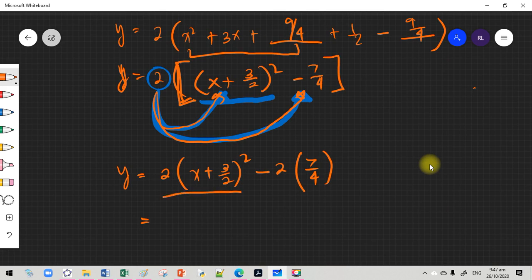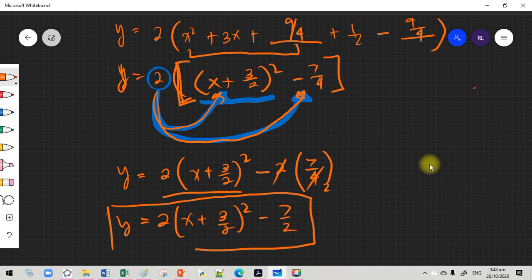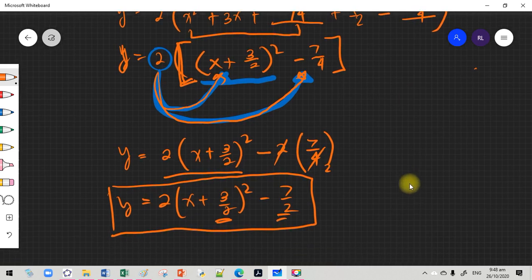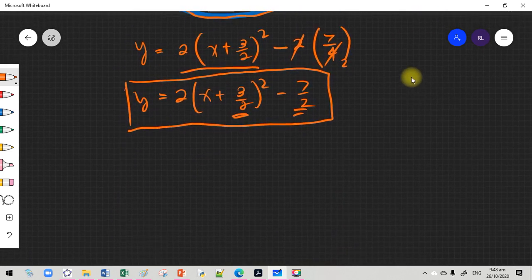We're not going to simplify the first one. This becomes 7/2. So this is our standard form. Our a is 2, our h is negative 3/2, and our k is negative 7/2. So we'll go with the last one, number 4.